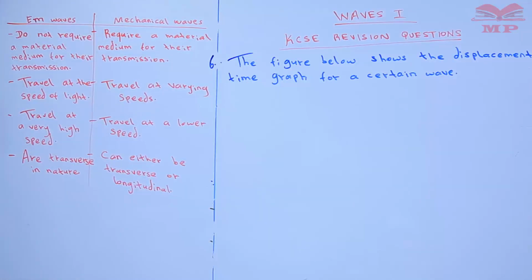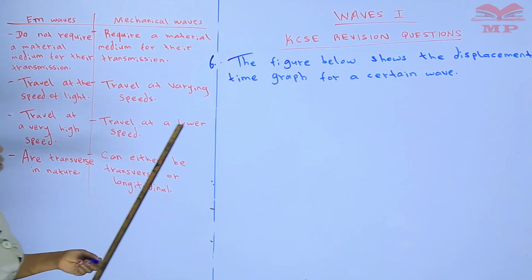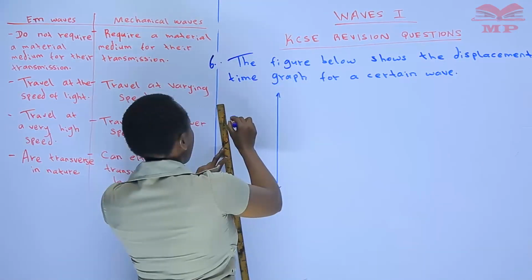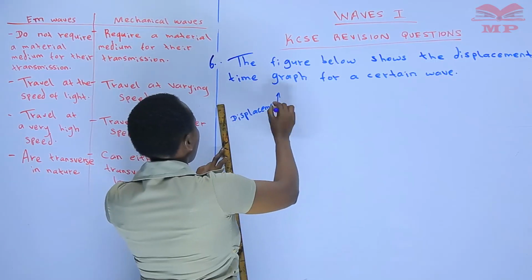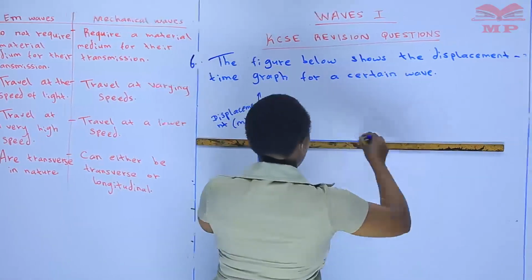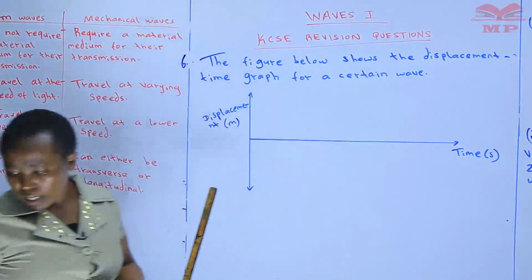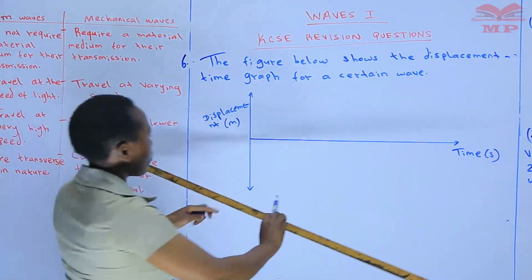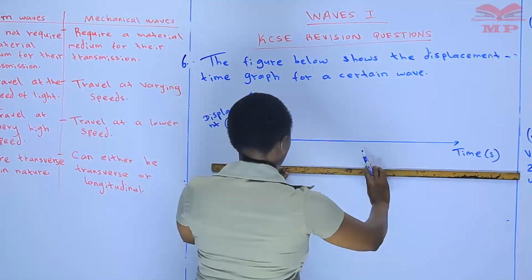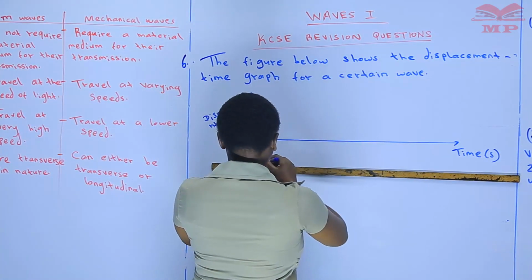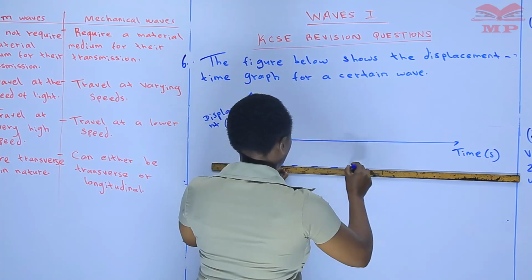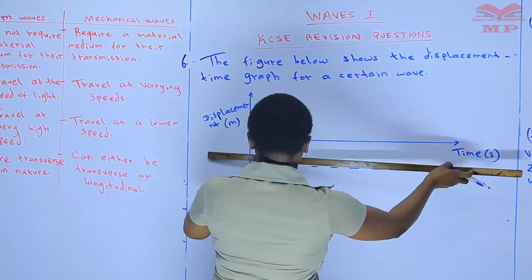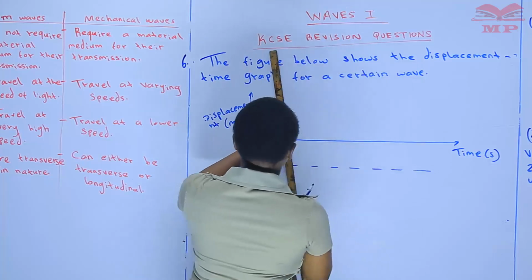So the figure below shows the displacement time graph for a certain wave. So we want to have the wave here. This is displacement. We have time in seconds. This, as I said, is to guide us.